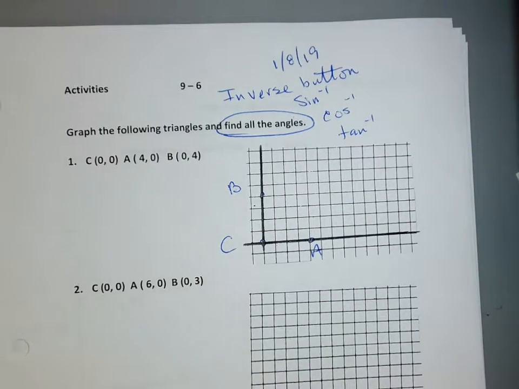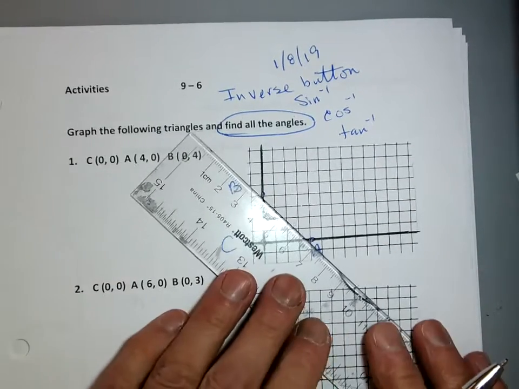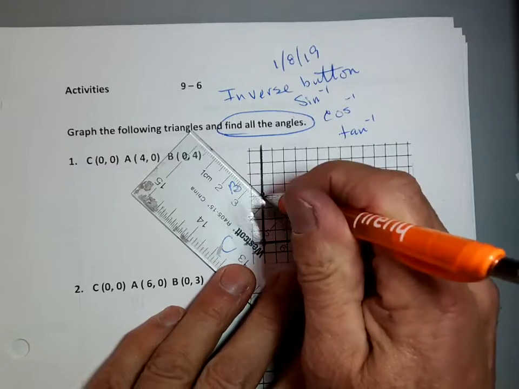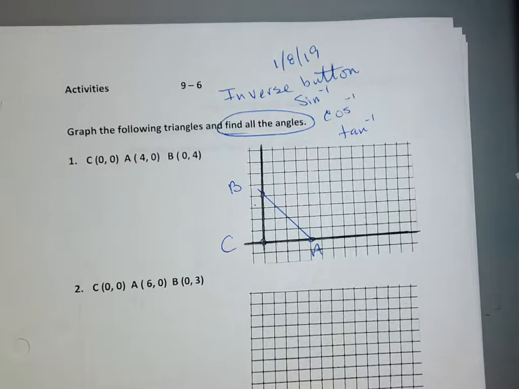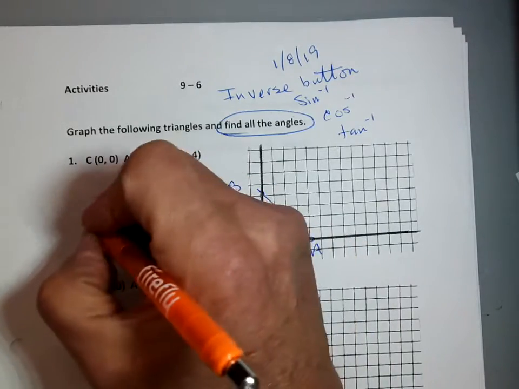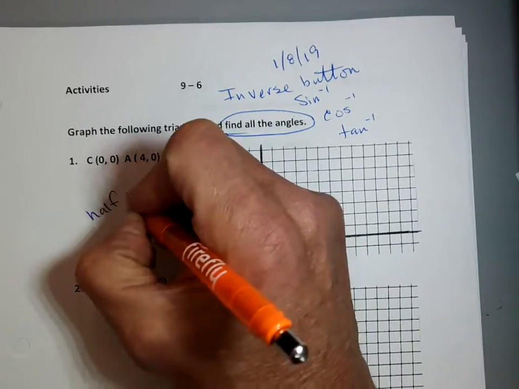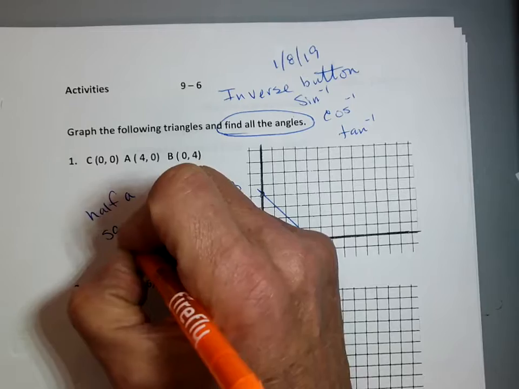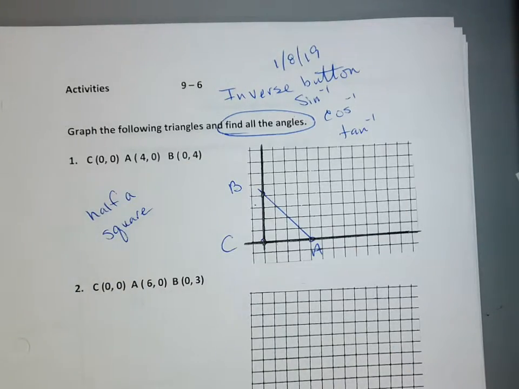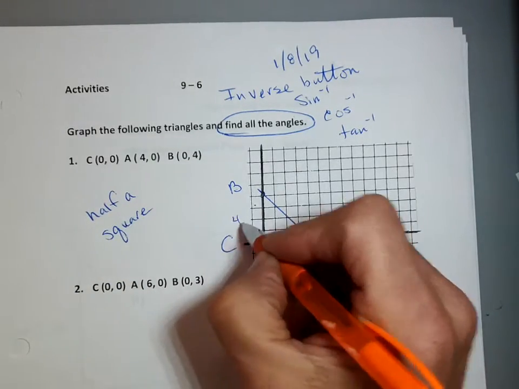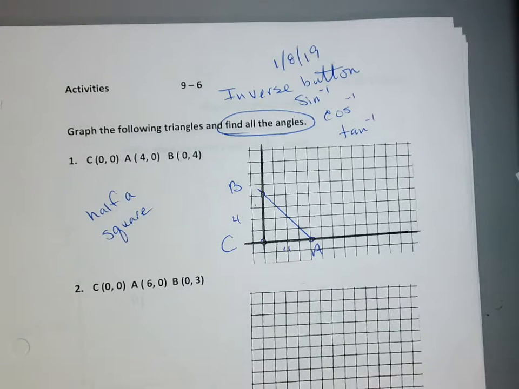Now, I purposely picked this one because you don't need to use the calculator to get the angles. Not all. Because in this figure, what we have is basically half a square, don't we? I mean, it's 4 and 4. So there's two ways to do this problem.